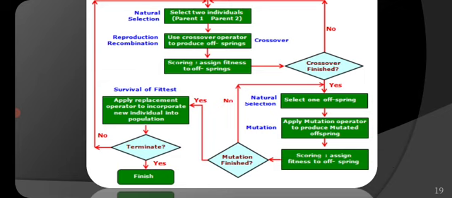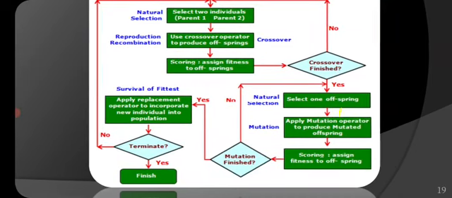Now again apply mutation. Apply the mutation operator to produce a mutated offspring, and again score them, assign fitness to the offspring. So these three are the part of the mutation process. If mutation is not finished, go back to the crossover process and select again the offspring.